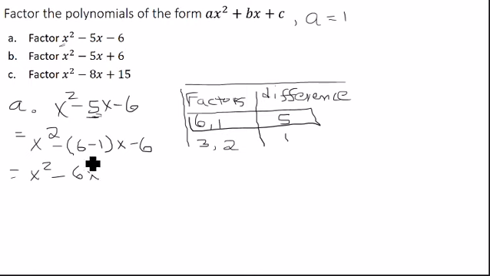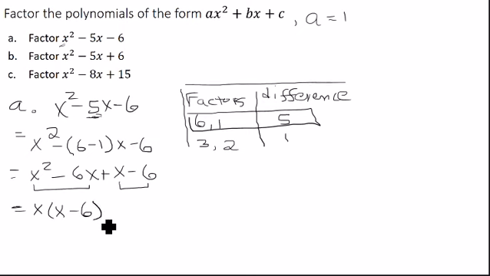So it's going to be 6x, and then minus and minus is a plus, and then x times 1 is x, so plus x and minus 6. Okay, and then I'm going to group these 4 terms into 2 on each group, and then factor out the common factor. So in the first group I have x as a common factor, and what I am left with is x minus 6.